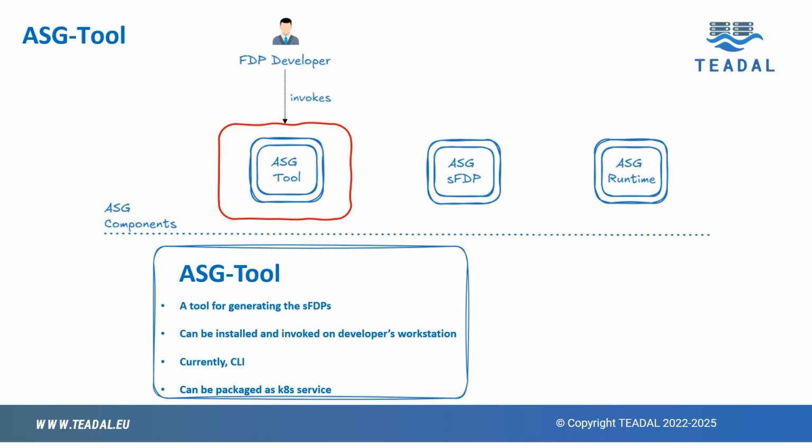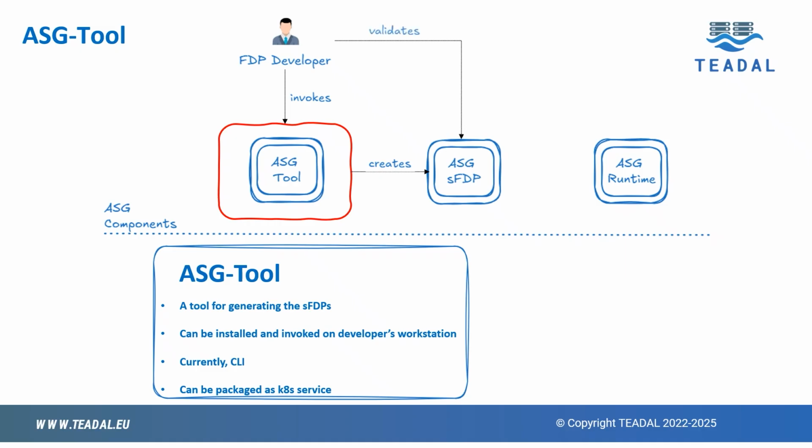The ASG tool then generates the sFDP in the form of a Python project that includes the app itself, its documentation, and everything else required to install and operate the application locally. In addition, the project contains a Dockerfile for creating a deployable sFDP image and a GitLab CI script for generating this image and pushing it to the TEADAL image registry.